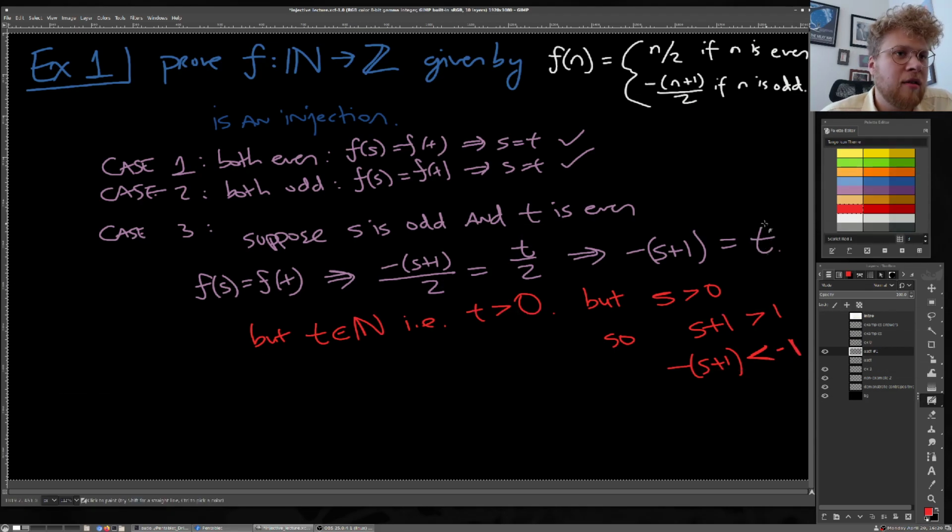So we've got t being a positive number equaling a negative number. This is a contradiction.